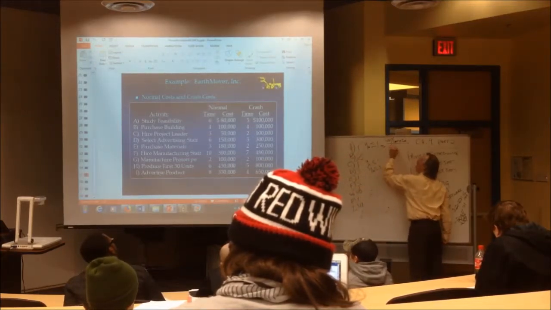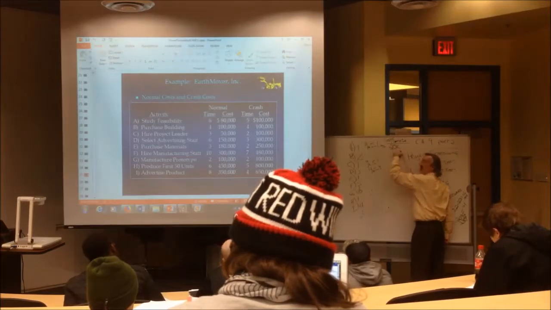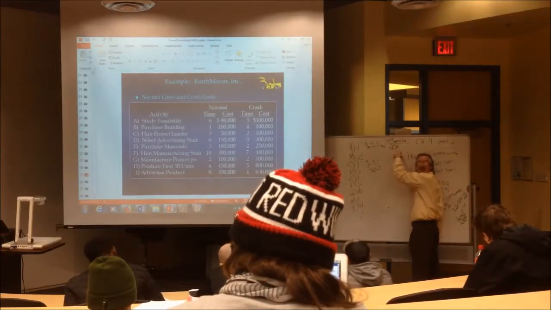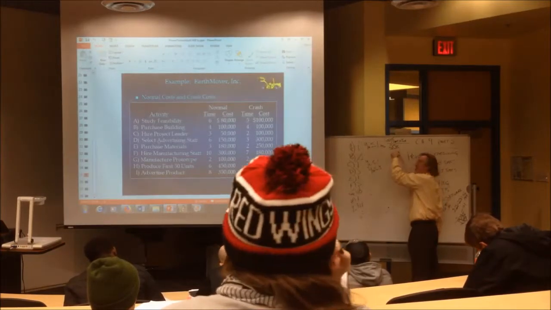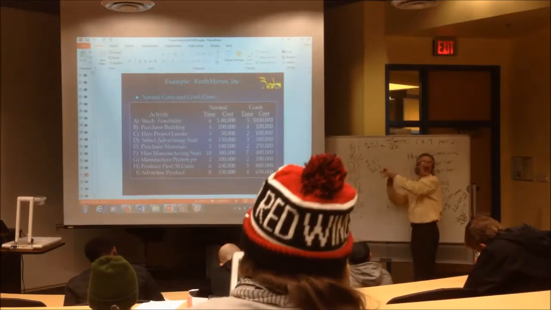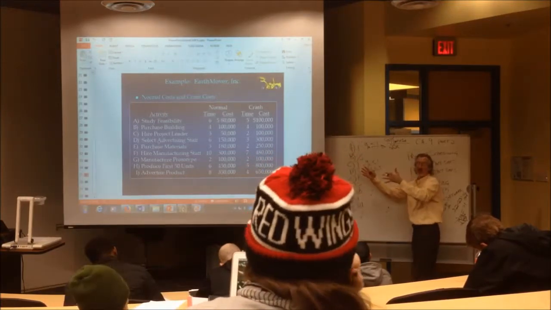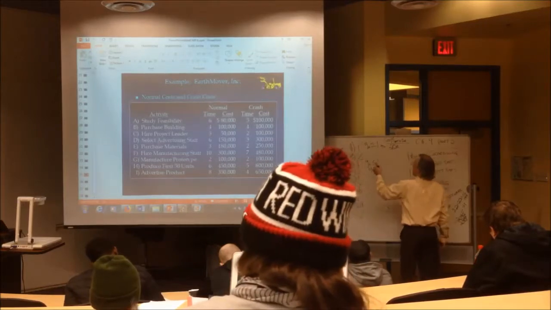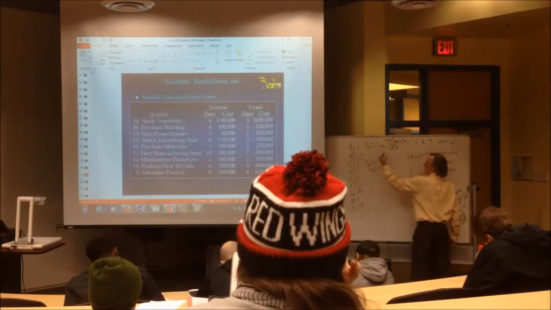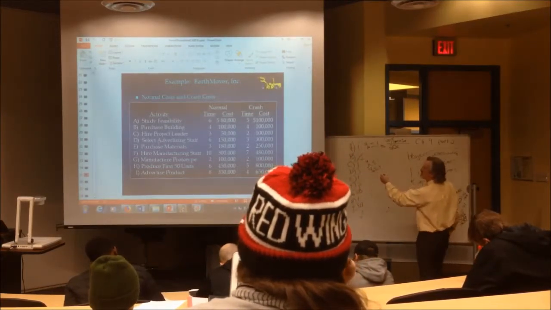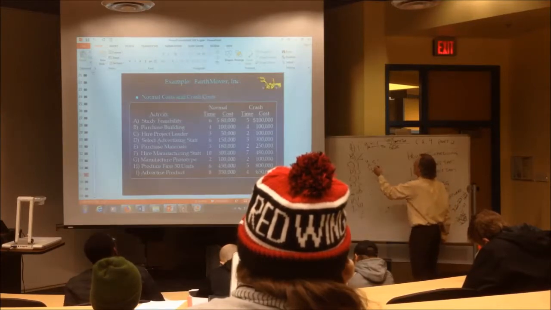Now, I'm abbreviating, because when we get to the slide with the objective functions, all the thousands, the 3 zeros, have been left off the numbers. Ready? B is 0 because it can't be crashed. C, how much is C?